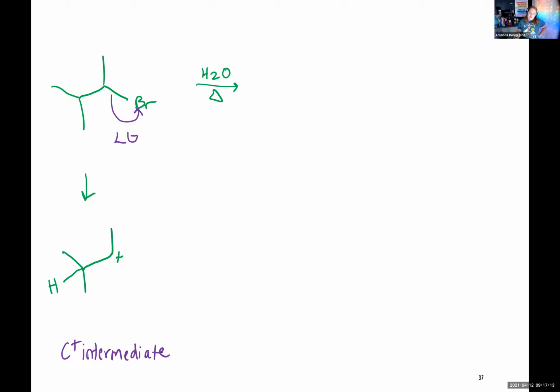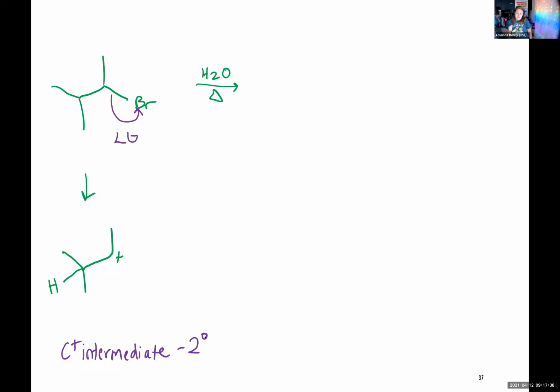So when we have a carbocation, our next step is always going to be to look at the neighbors and ask, can we do a shift to make this carbocation more stable? Right now, we have a secondary carbocation. If I move that hydrogen over, I can turn it into a tertiary carbocation.